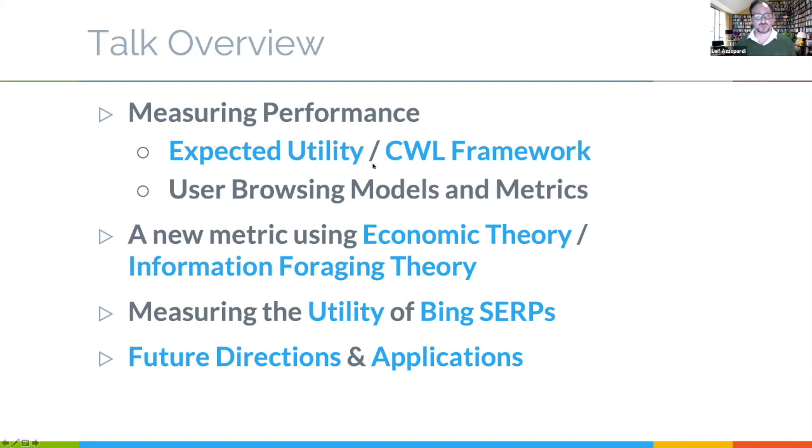I'll be going through the CWL framework, about how we compute expected utility, and then showing how we can take these economic models and use them, assuming that people will act in a rational manner and try to maximize their gain while they're interacting, and then how that leads to a new metric, and then apply that to measuring the utility of SERPs.